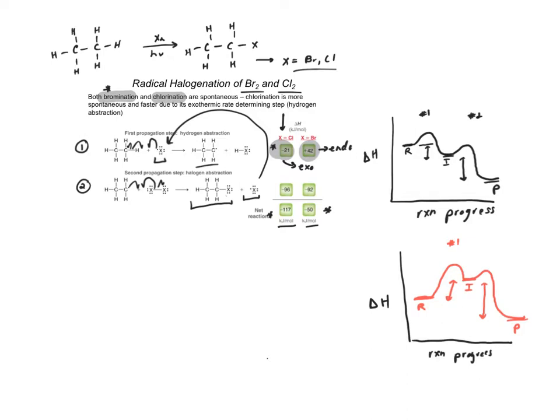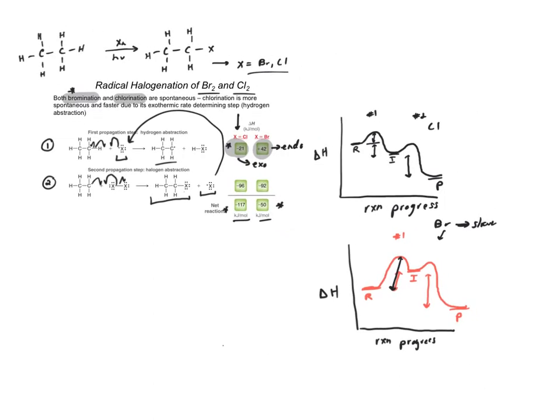Now, if we look at the difference in the activation energy for this first step, what we're going to find is that for bromine, which is what we're detailing down here, the activation energy in that first step is so large, because that first step is an endothermic process, that this is much slower kinetically compared to chlorine, which is much faster because both of those steps are exothermic.